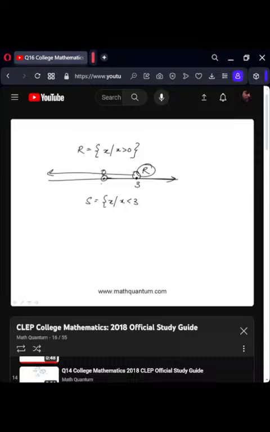The question: what is the number of integers in the intersection? We're looking for the region where they share, and for integers, 1 and 2 would be the only 2 integers that satisfy, so the number of integers there is 2. Answer choice B.